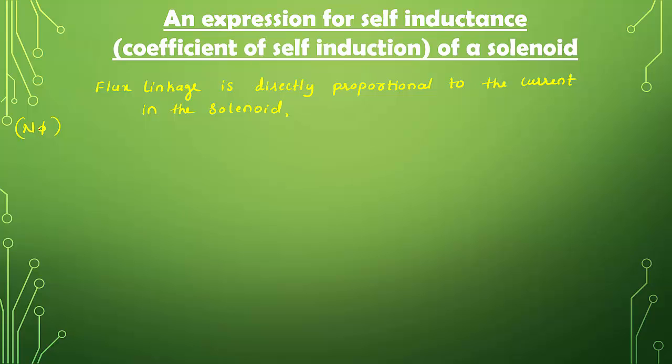Why? Because when the magnetic flux linked with the number of turns of the coil changes, then induced EMF takes place, current is produced. If magnetic flux does not change, then there is no current in the coil. That's why flux linkage is directly proportional to current in the solenoid.